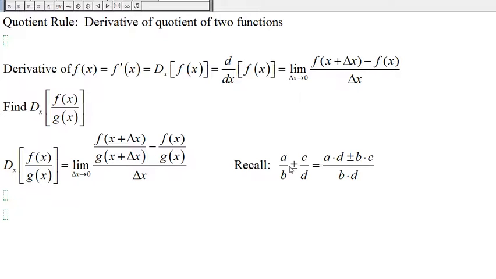And then recall this formula right here. If we have a over b plus or minus c over d, then we just cross multiply. It'd be a times d plus or minus b times c dividing by the product of b and d.